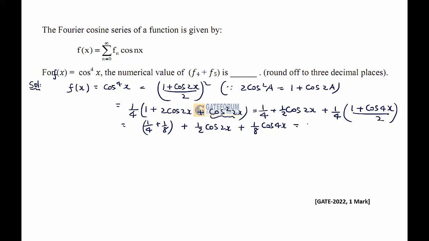Now this is 3 by 8 plus 1 by 2 cos 2x plus 1 by 8 cos 4x.